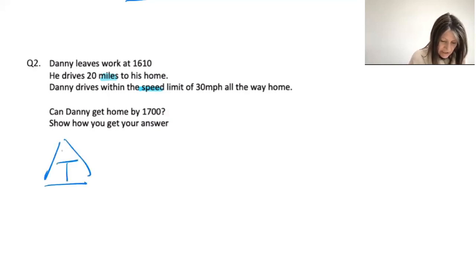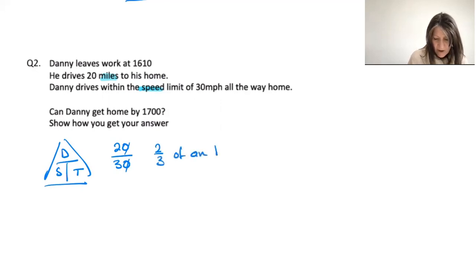So we've got our formula triangle. The distance is 20. The speed limit is 30. So 2/3 of an hour. Okay, 2/3 of an hour.